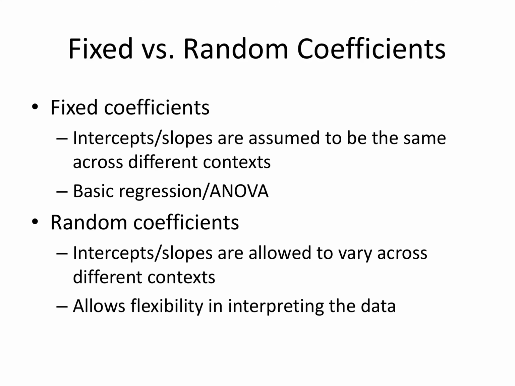So let's talk a little bit about how that's going to work. There are 2 different types of coefficients. And if you're used to regular regression, you're only used to one of these. There are fixed coefficients and random coefficients. Fixed coefficients are those intercept and slope values that are the same across different contexts, different people, different items, whatever context you're interested in.